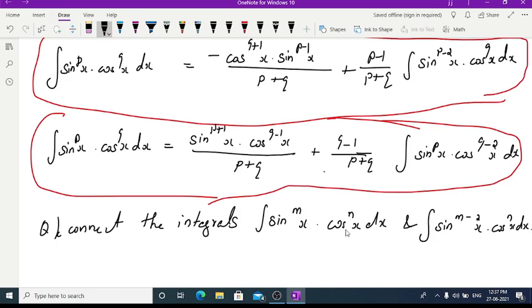So this problem is the same. Instead of p and q, here m and n. Here p and q: this integral is connected to this one, sine raised to p minus 2 x into cos raised to q x dx. Here the same, instead of p, m, instead of q, n.